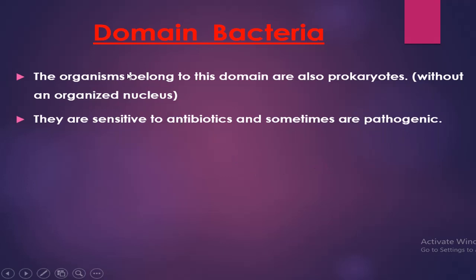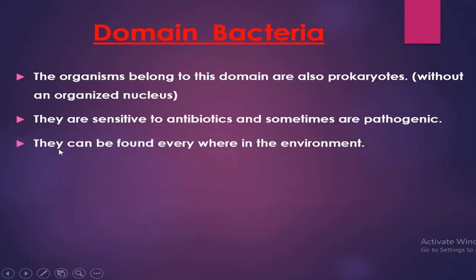Right, now we have learnt two points under the domain Bacteria. One of them is that the organisms belonging to this domain are also prokaryotes, meaning without an organized nucleus. After that we learnt that they are sensitive to antibiotics and sometimes are pathogenic.